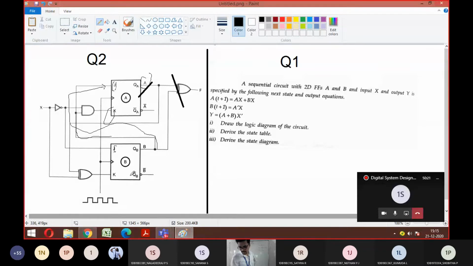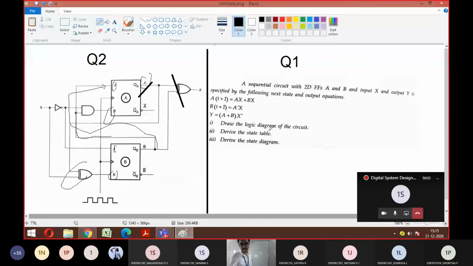KB is here, connecting with which gate? This is called an XOR gate. One input is from X and one is from A. So what is the input now? A XOR X. You can mention A XOR X or X XOR A, both are the same. Is it fine till here, everyone?